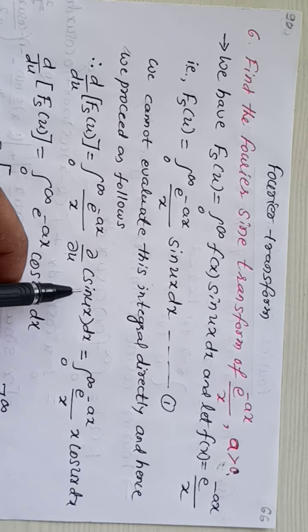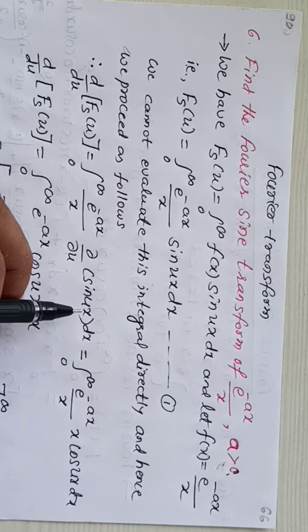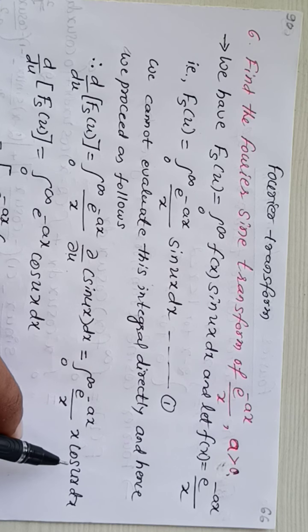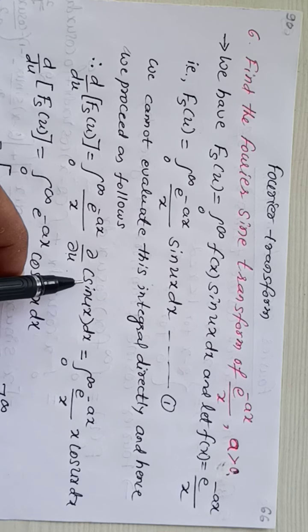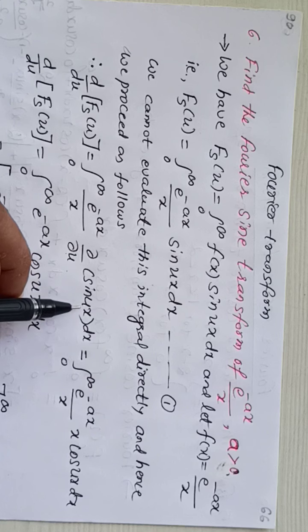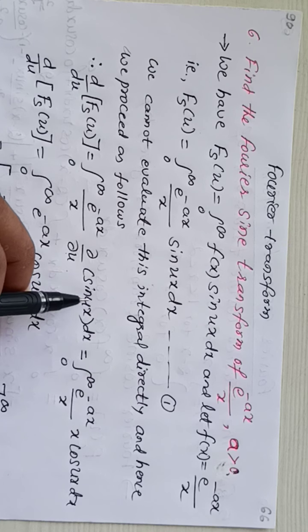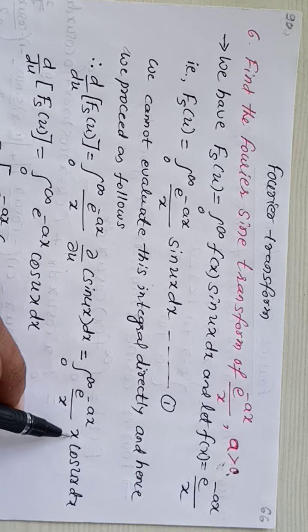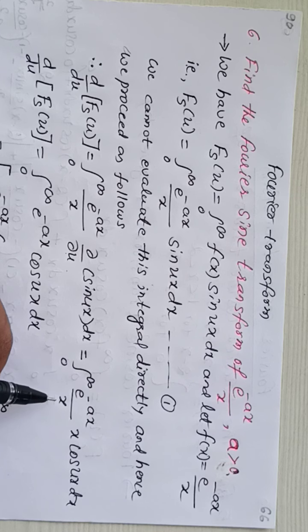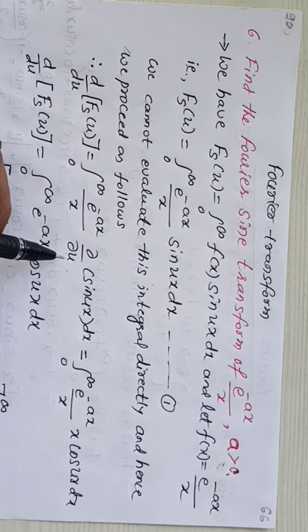Next, differentiation of sin ux is x cos ux, and differentiation of ux with respect to u is x, since a is constant with respect to u.